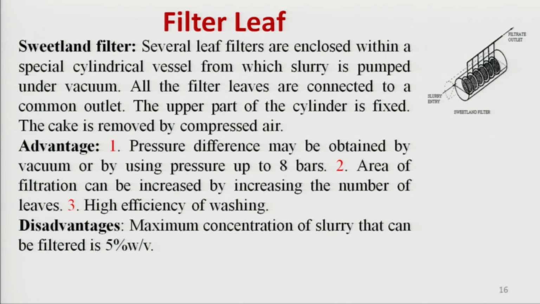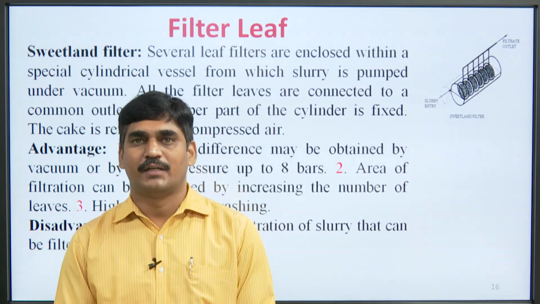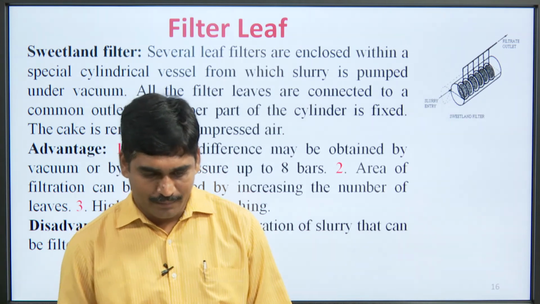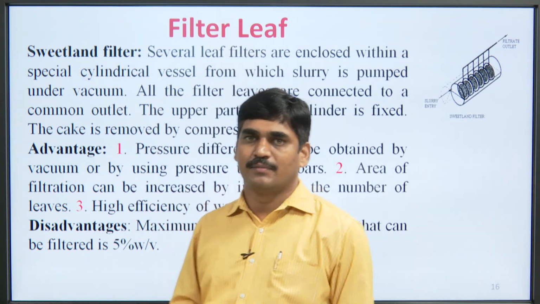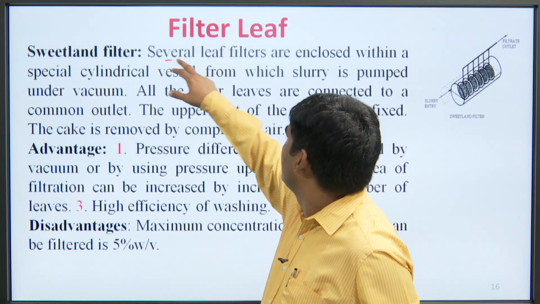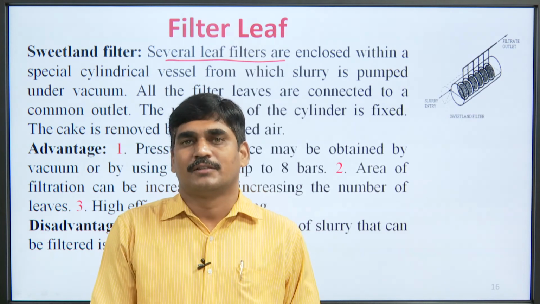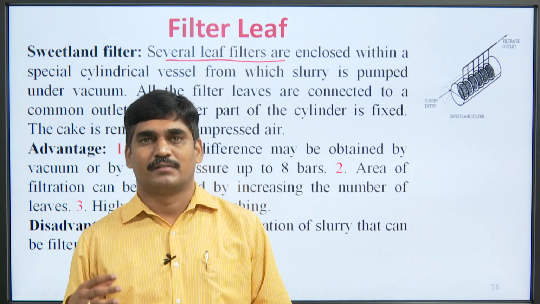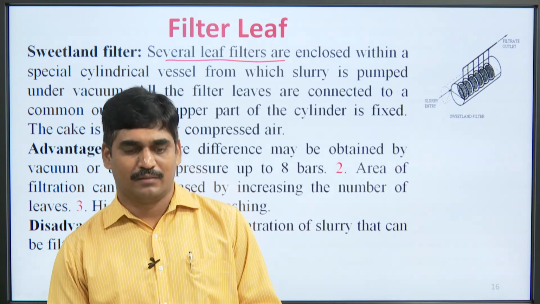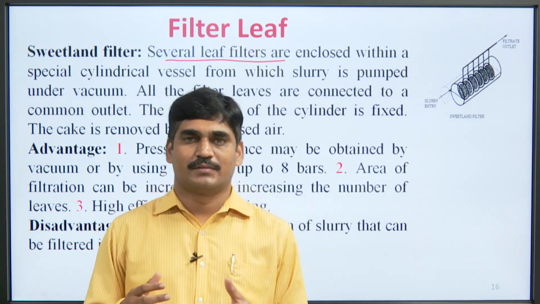That was the filter leaf. The next type of filter leaf is the Sweetland filter. It is also a type of filter leaf. Sweetland leaf filters are enclosed within a special cylindrical vessel into which slurry is pumped under pressure.